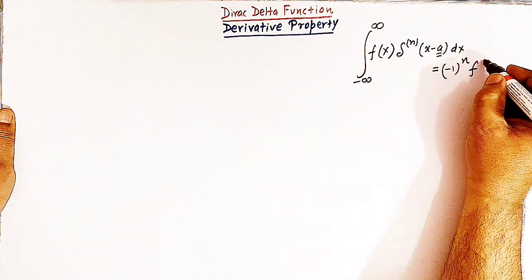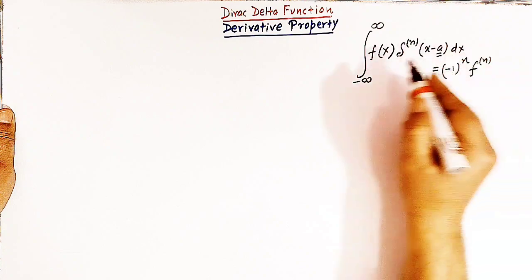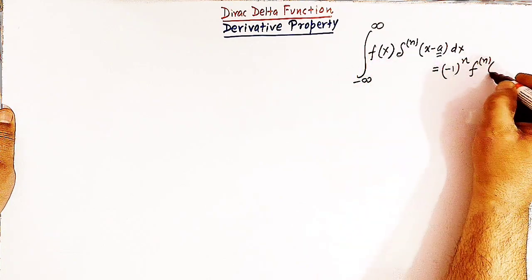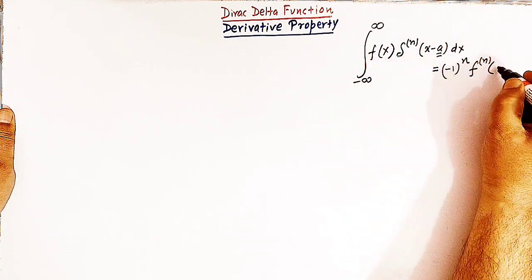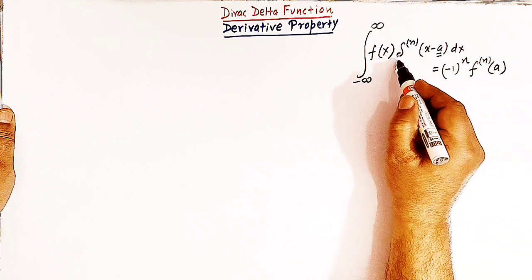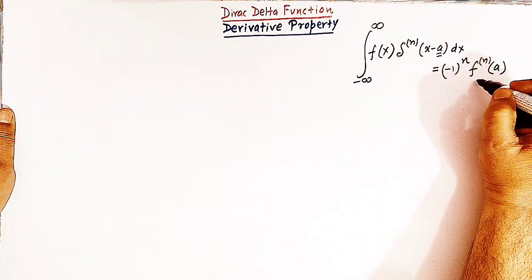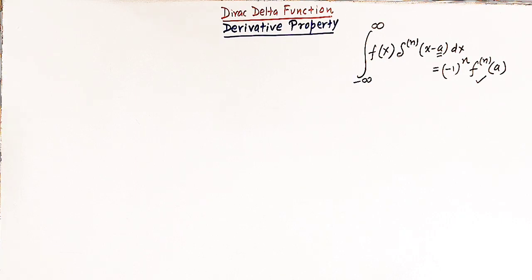So we can write the nth derivative of f of x evaluated at this point a. So the value of this integral is given by this expression.